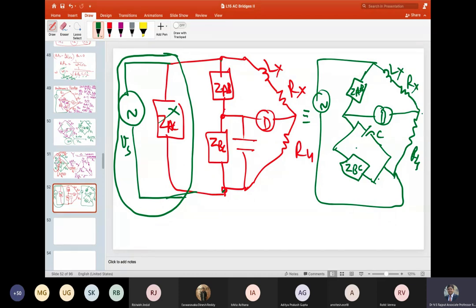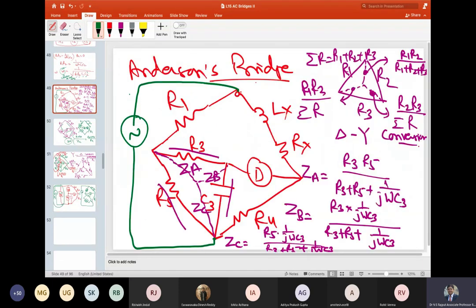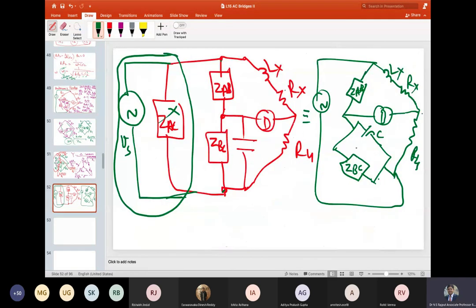So now you see, in some earlier case we had seen, and what were these? ZAB, BC, and ZAC. They were formed out of three resistances, right? The three resistances were R1, R3, and R5. So accordingly, this value will be purely resistive, right?